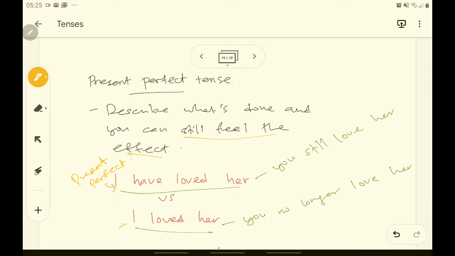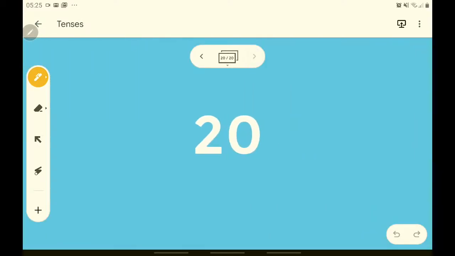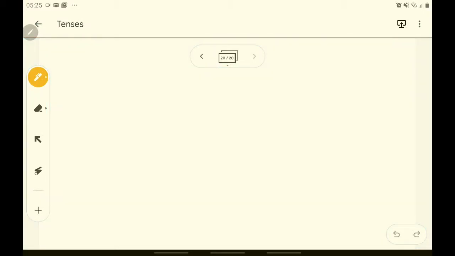This one, on the other hand, simple past, means that you did the action in the past, and the effect is no longer felt. You no longer feel the effect of loving. Okay, is it clear for you now? I hope it is. Okay, so let's move on to the rule.